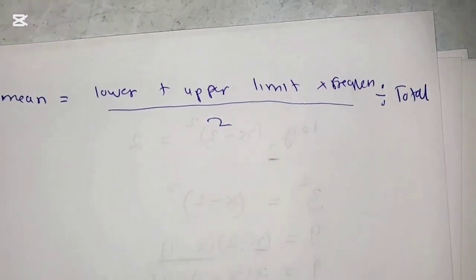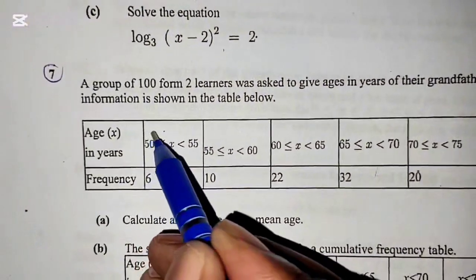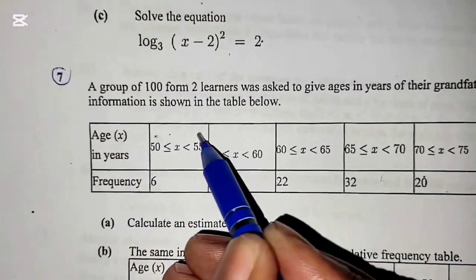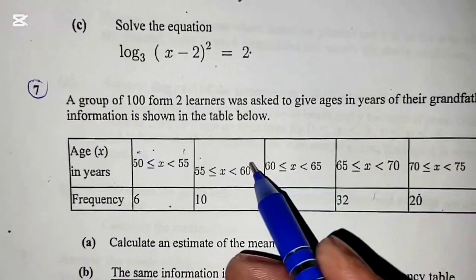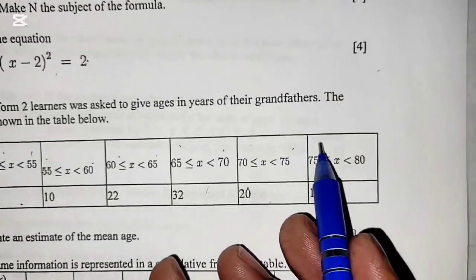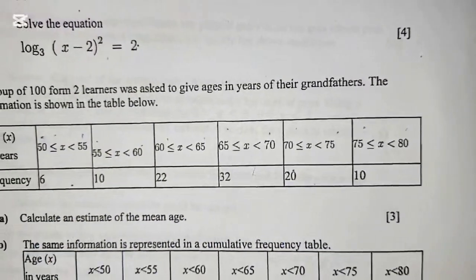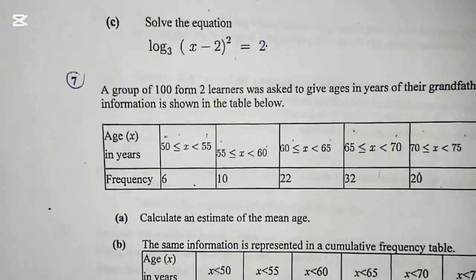So right here, let's look at this. This one right here is our lower limit. 50 is lower limit, 55 is upper limit. That's our frequency, right? Lower limit, upper limit, and so on down the table. And these are frequency. On frequency, they might say number here. So frequency and number are one and the same thing.